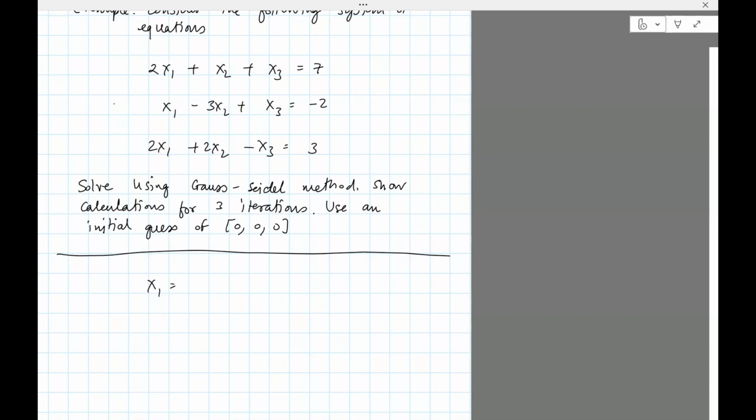So it'll be x1 equals 7 minus x2 minus x3 divided by 2. x2 equals 2 plus x1 plus x3 divided by 3. x3 equals 3 plus minus 3 plus 2x1 plus 2x2.